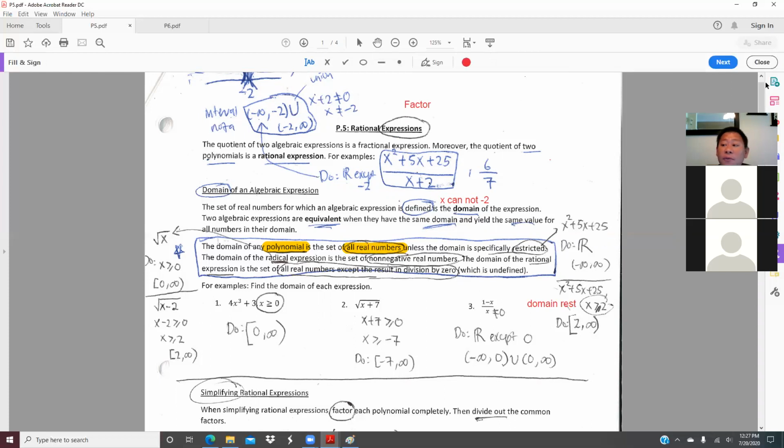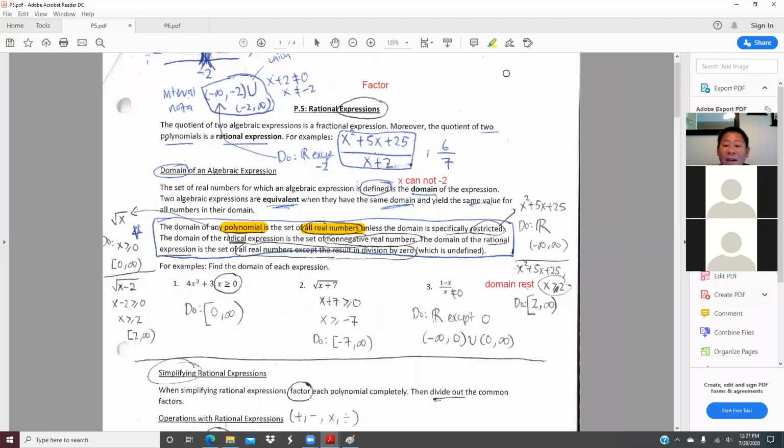What happens if you have a radical expression? A radical means square root. So if you have a radical expression, like square root, make sure it's square root, then your domain in this case is non-negative real numbers. For example, if you have the square root of x, you take whatever is inside the radicand and make it greater than or equal to 0.